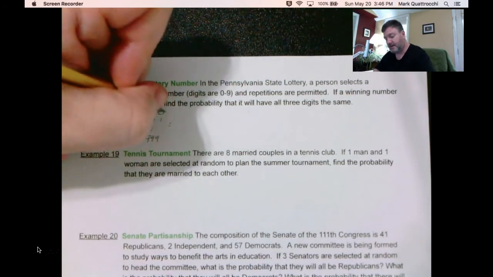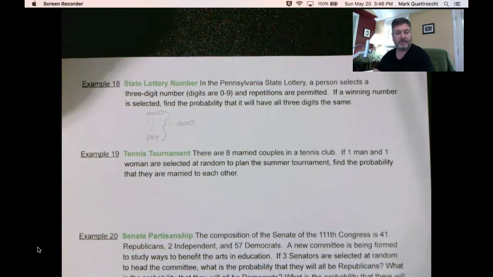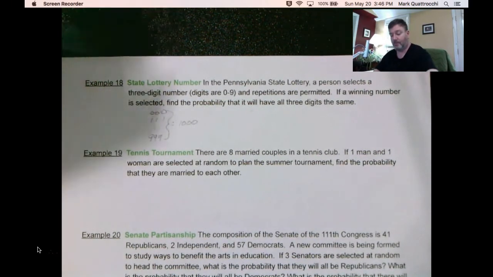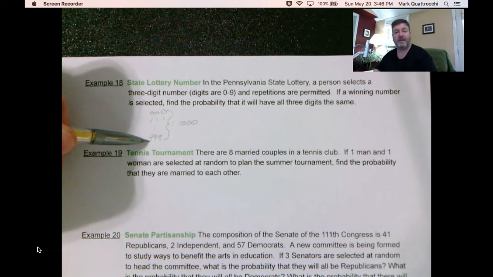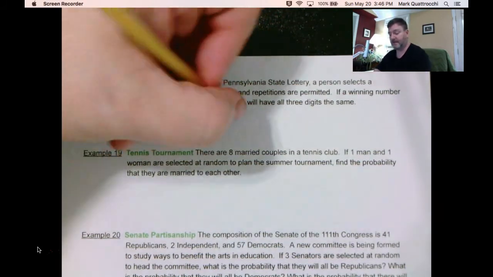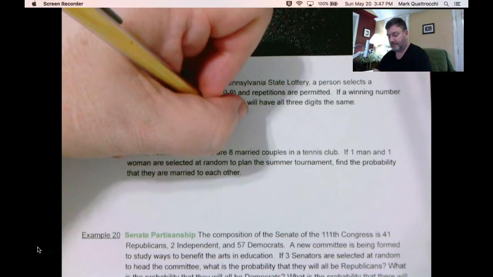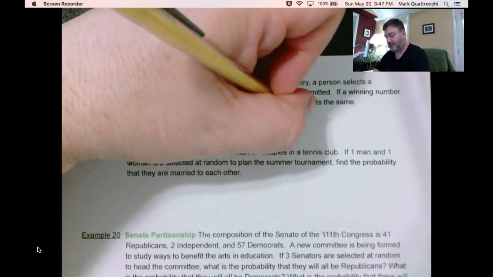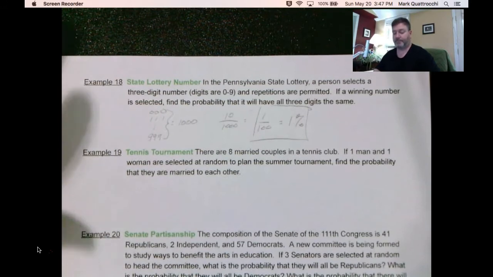So that's a total of 1,000 possibilities. Well, if a winning number is selected, find the probability that we'll have all 3 digits the same. Well, 1, 2, 3, 4, 5, 6, 7, 8, 9. There are 10 of them where all 3 digits are exactly the same. So 10 out of 1,000, or 1 in 100, or 1% chance that all 3 digits will be the same.